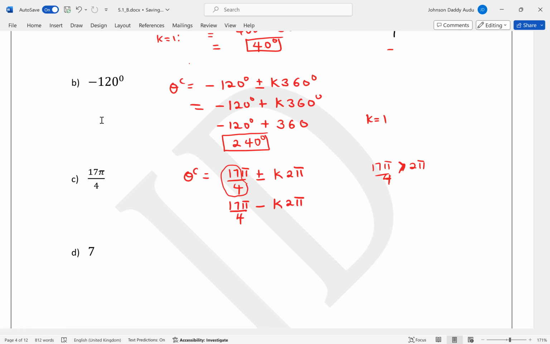Then we have to check which k we can use. If we use k to be 1, is it going to be nice?